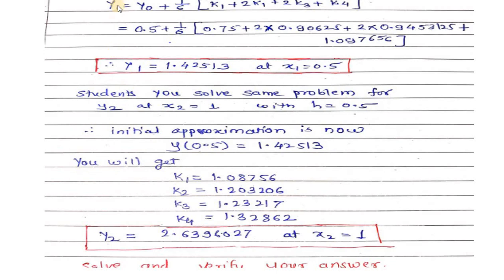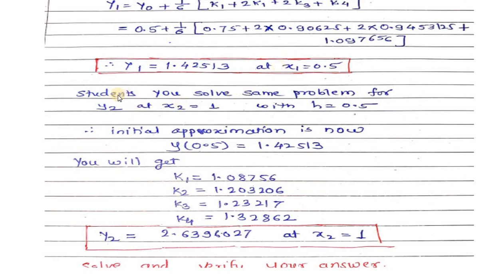So y1 is equal to y0 plus 1 by 6 (k1 plus 2k2 plus 2k3 plus k4). After putting the values, y0 is 0.5, and k1, k2, k3 and k4 in the given formula, we will get y1 equal to 1.42513 at x1 equal to 0.5.